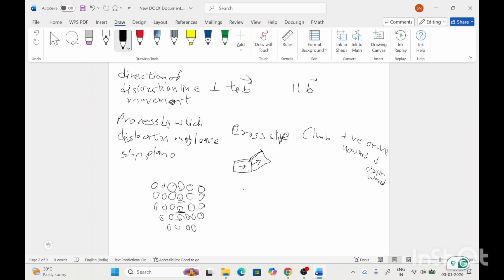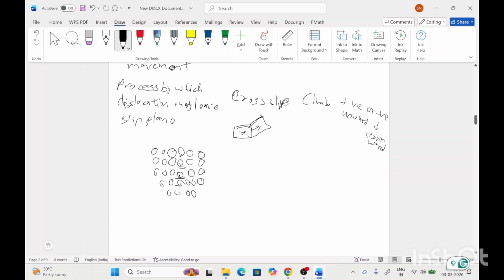So negative climb. And one more thing regarding dislocation motion: the screw dislocation motion is conservative, and edge dislocation motion is non-conservative.